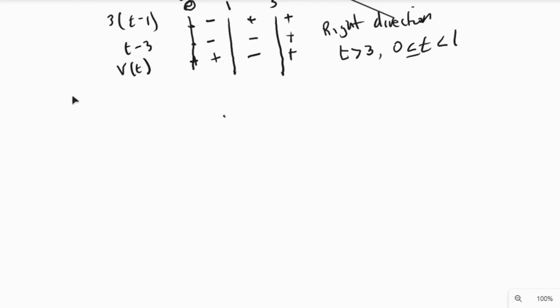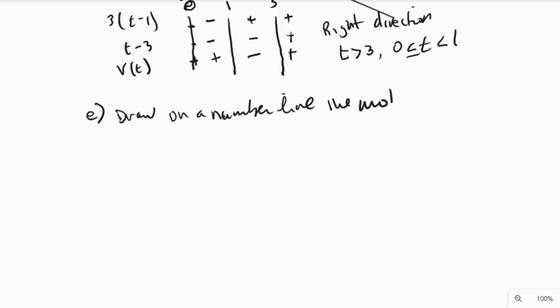Now let's see this part, which is E: draw on a number line the motion of the particle. So what we have is a number line which is S(t).